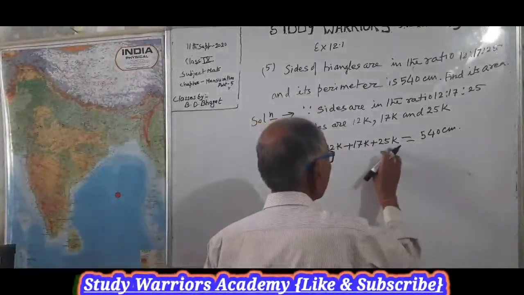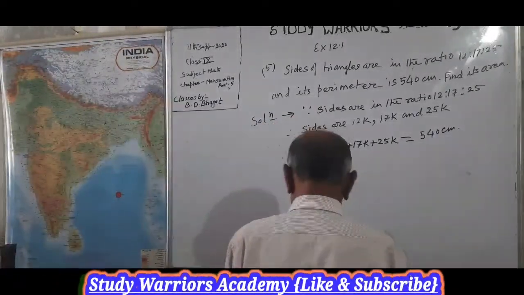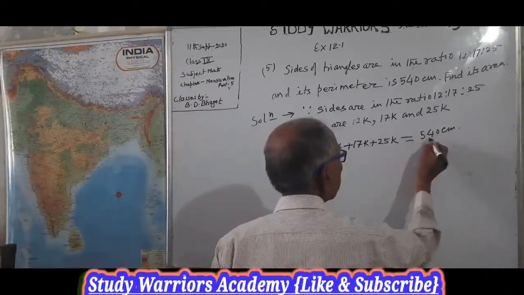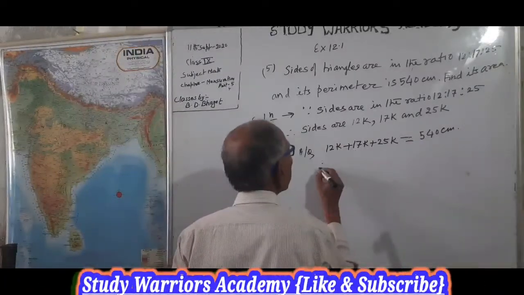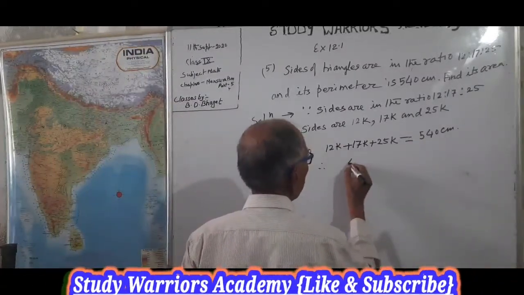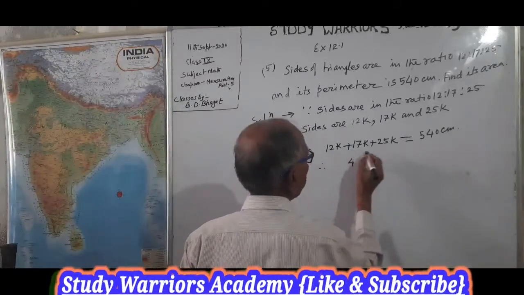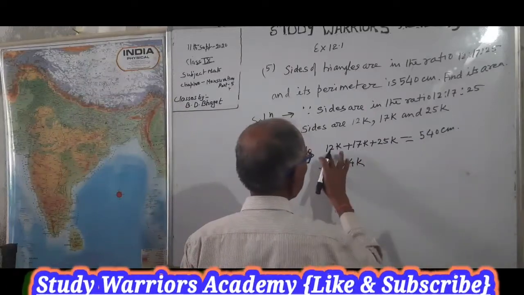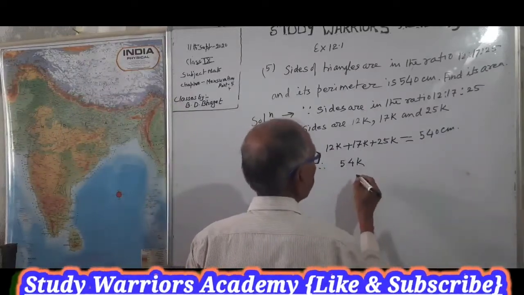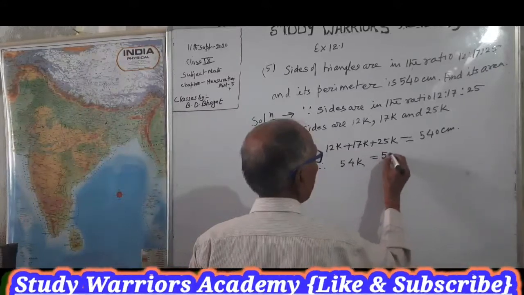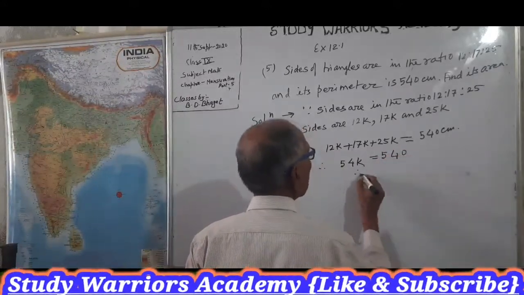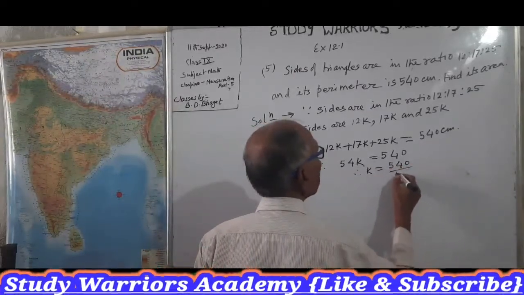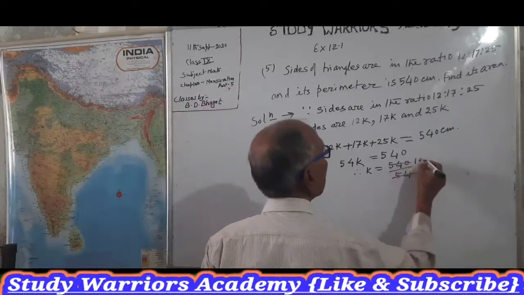This is the perimeter, but perimeter is given 540. Therefore, 54k is equal to 540. Therefore, k is equal to 540 by 54, which is equal to 10.